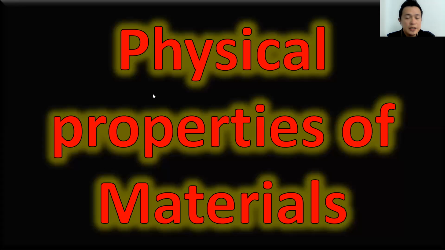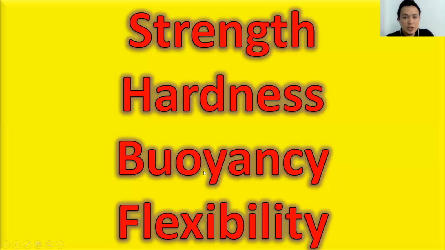So according here, physical properties of material. There are different materials that have different properties. Okay, so number one, we have strength. Number two, hardness.